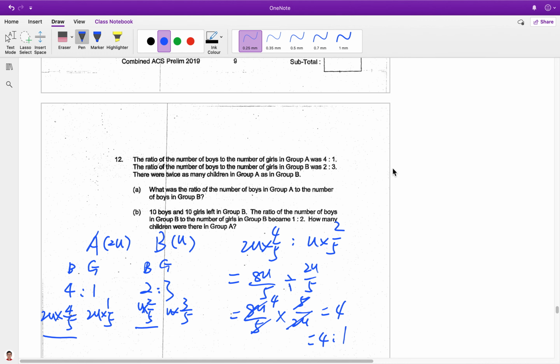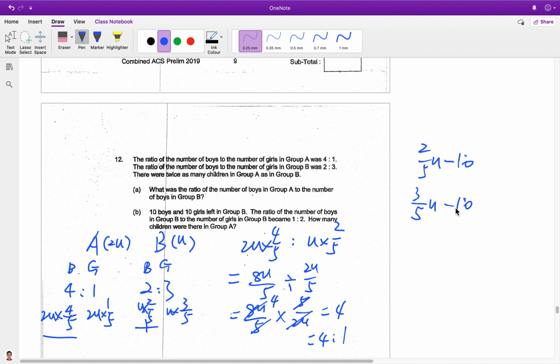Right? And here, it says 10 boys leave and 10 girls are left in group B. The ratio of the number of boys and girls in group B becomes 1 to 2. How many children were there in group A? But here we see that boys are 2u/5, right? And girls are 3u/5, right? If 10 leave, the ratio is 1 to 2, right?